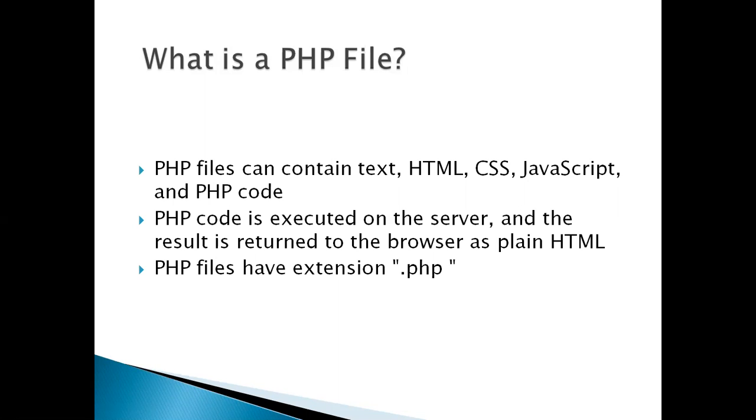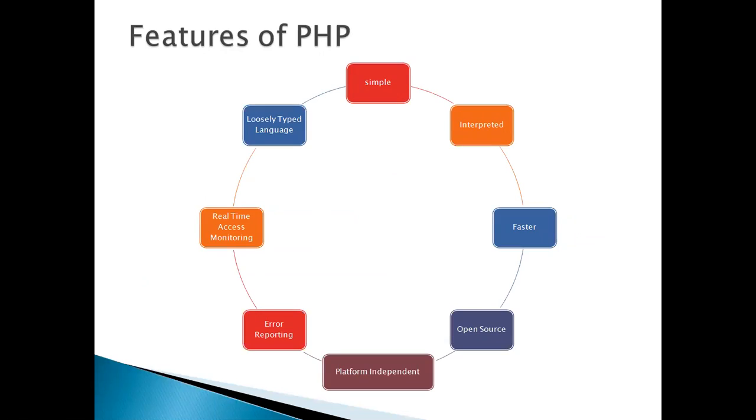Like an HTML file, which we save with the file name .html, and CSS files are saved with the file name .css, that is the extension, and the PHP files have the extension .php. So these are the points.